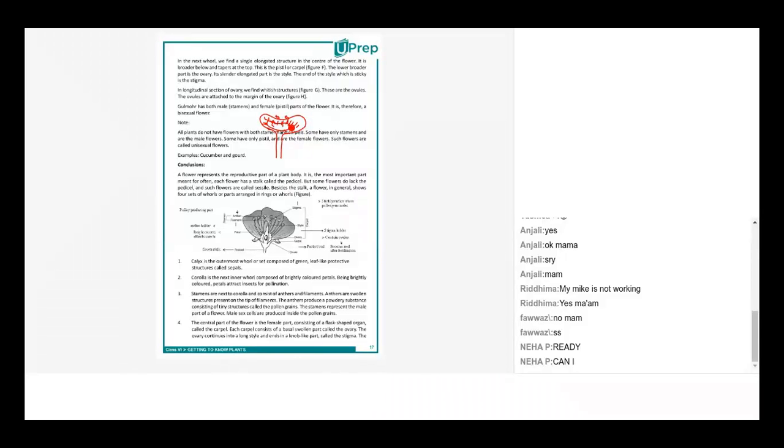It should get stuck to the stigma. That's the reason why the stigma is either sticky or has fine hairs, to keep the pollen trapped.